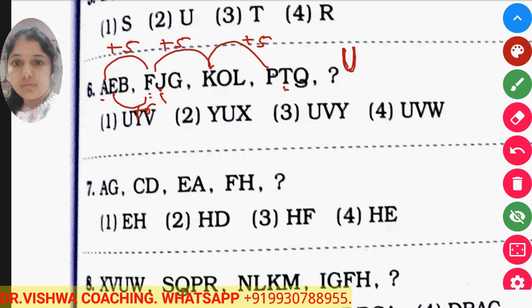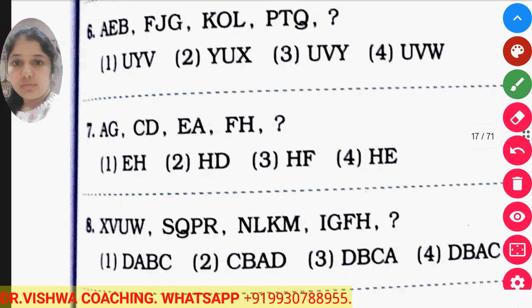So add 6 alphabets in T. Q, R, S, O, P, Q, R, S, T, U, V, W, X, Y. So Y will be there. And then you can find the next one, or you need not find the next one because U, Y, V is the only option showing such a pattern. So option number 1 is the correct answer here.